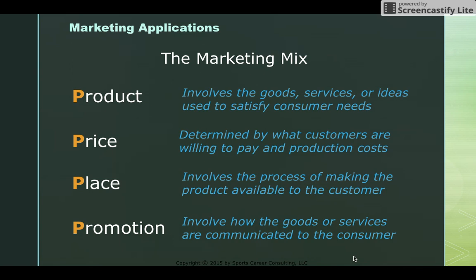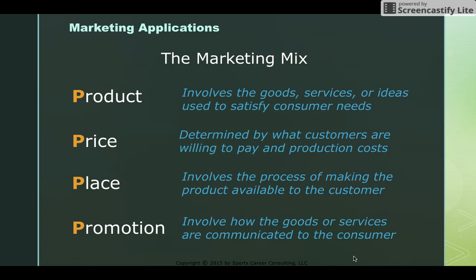The next P is the price. So this is determined by what consumers are willing to pay and what the production costs are. So let's just say that it costs, I don't know, $12 to make this CamelBak water bottle. So you have to at least pay the $12 to get what you are manufacturing it for. And then you tack on additional money so you can actually make a profit.